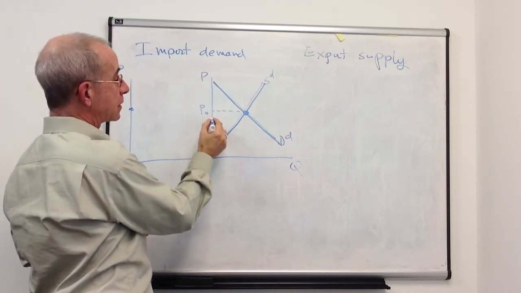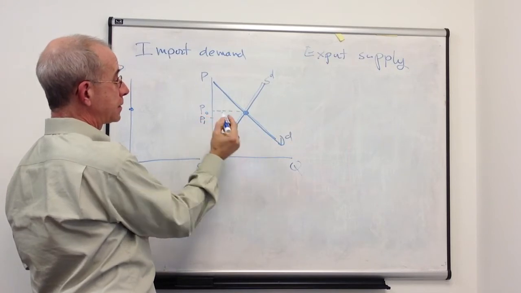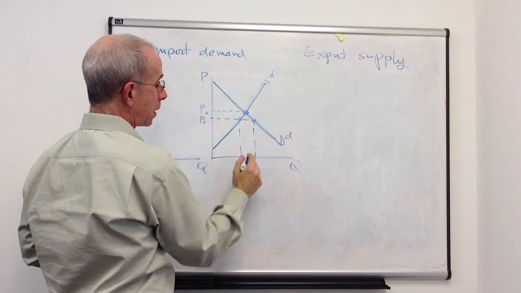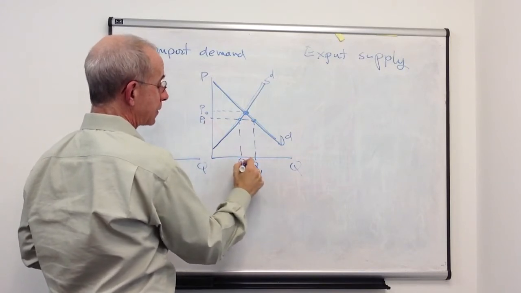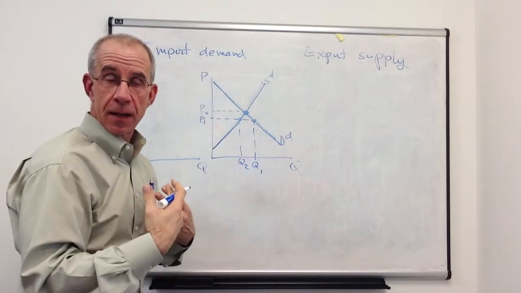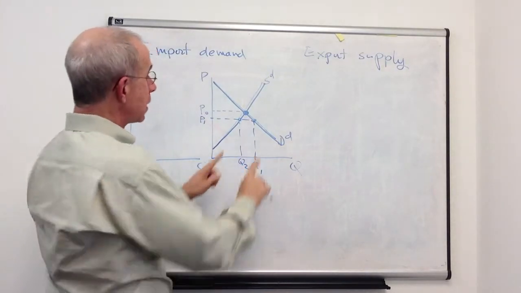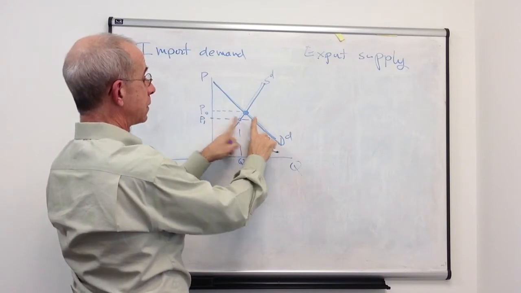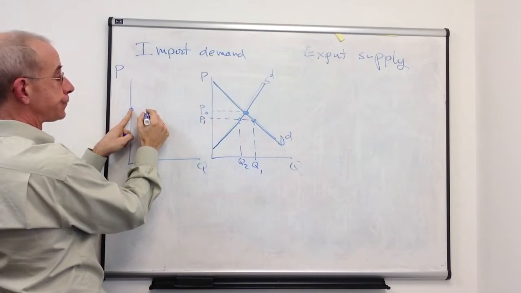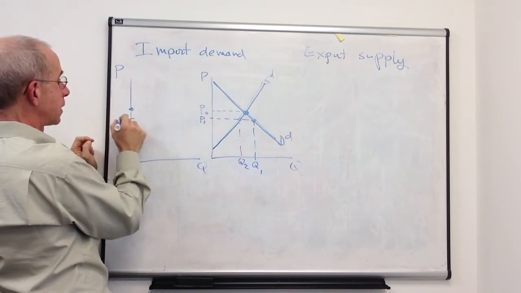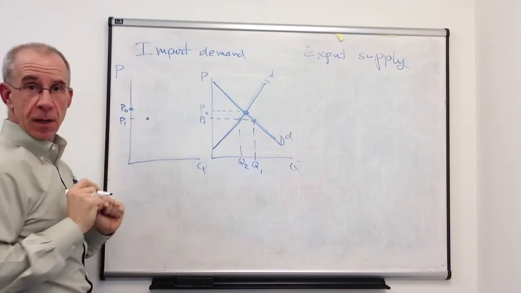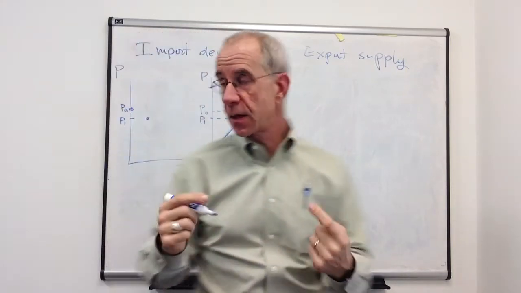As soon as the price gets below that, say P1, you're going to have excess demand, which potentially could be met by importing this product. So this distance at this price P1, we're going to translate over here. So at this price P1, we've got this much demand from this country.